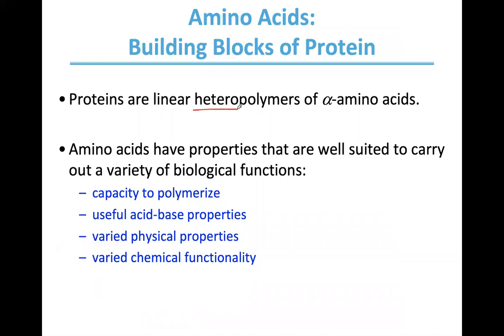Hetero is a very important prefix, which tells us that it's not the same amino acid. If it was, let's say, glycine, polyglycine, that would be a homopolymer. But since we're dealing with 20 amino acids and they're all different in each protein, we're dealing with heteropolymers.